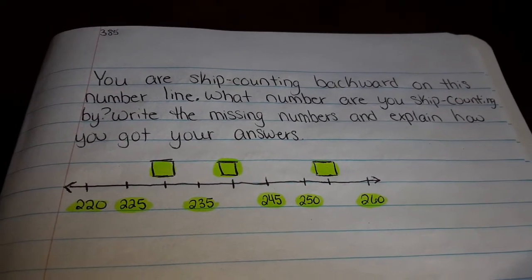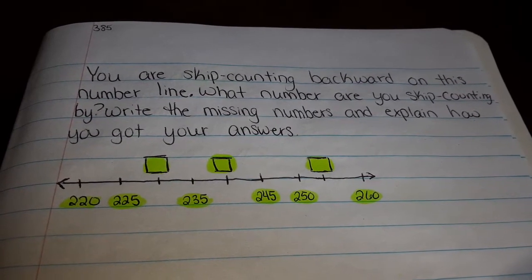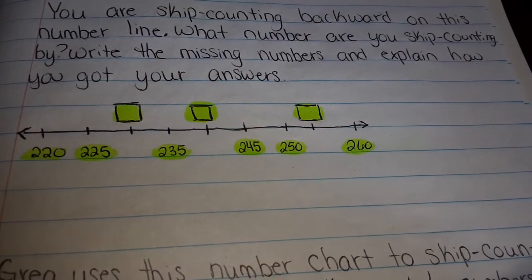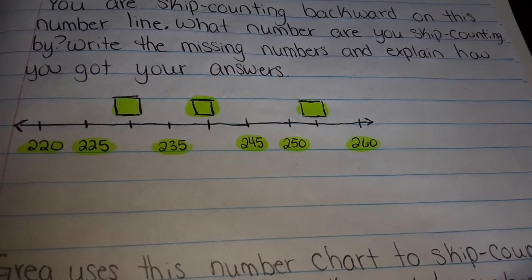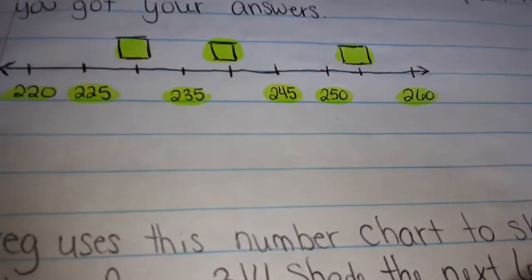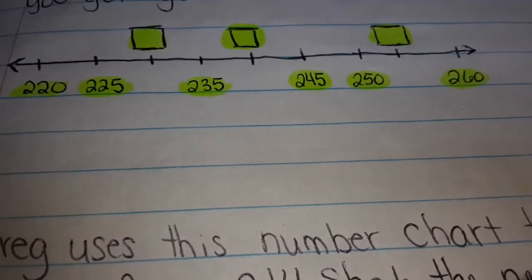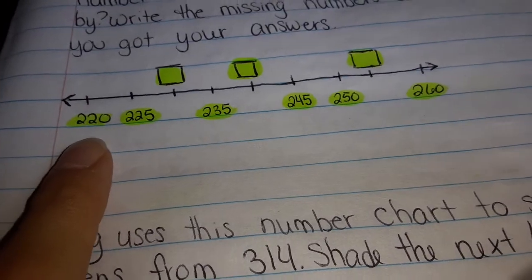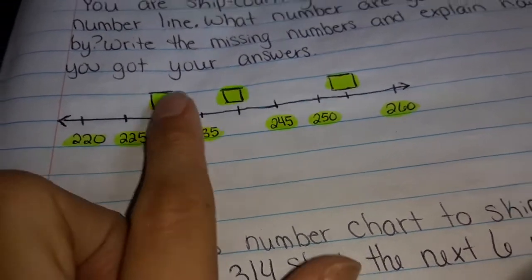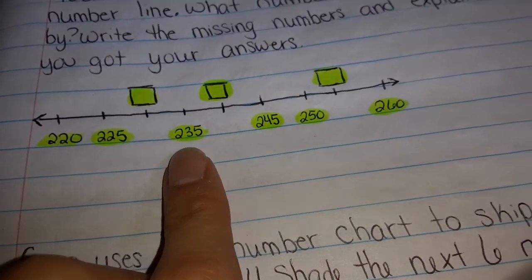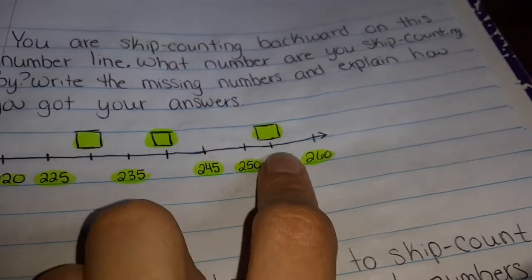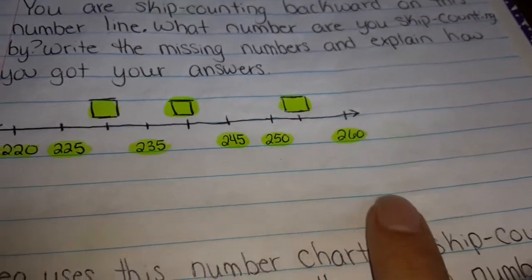You skip count backwards on this number line. What number are you skip counting by? Write the missing numbers and explain how you got your answer. Here's the number line: 225, blank, 235, blank, 245, 250, blank, 260.